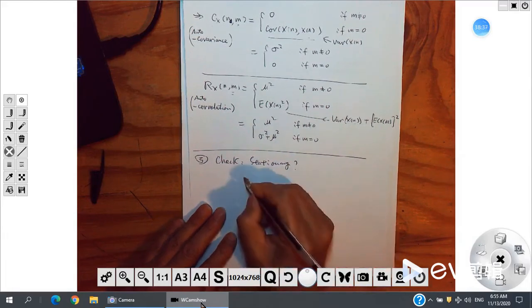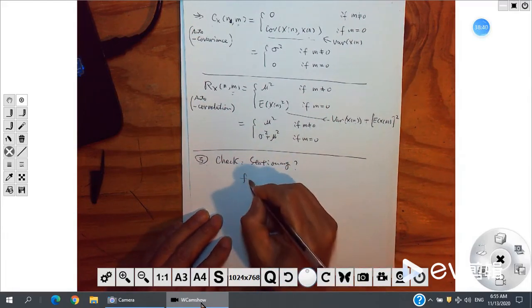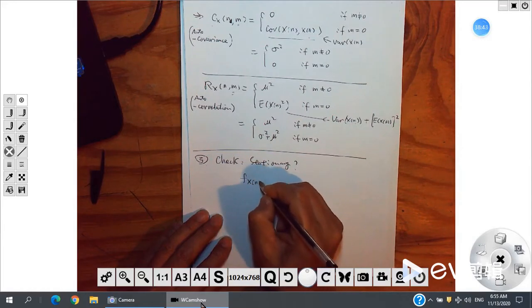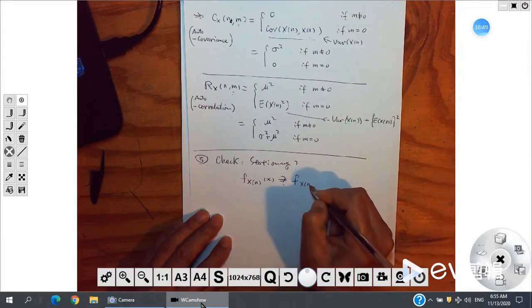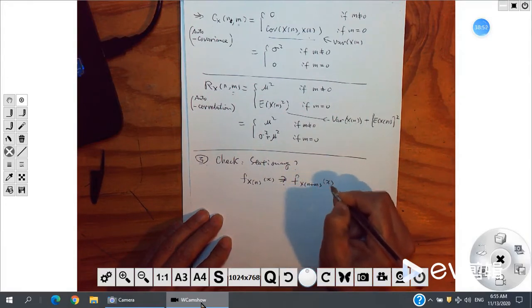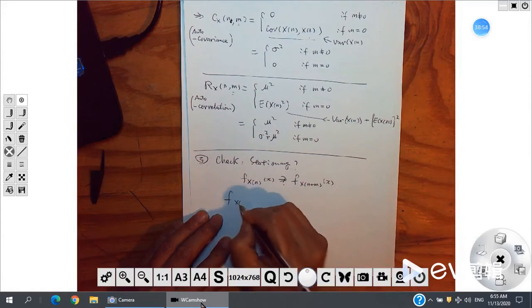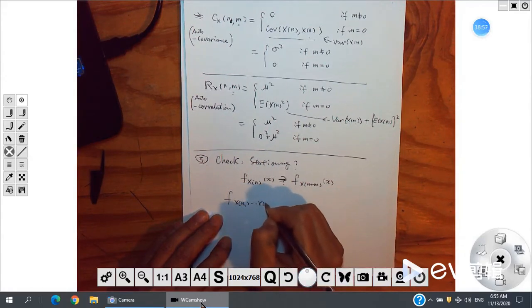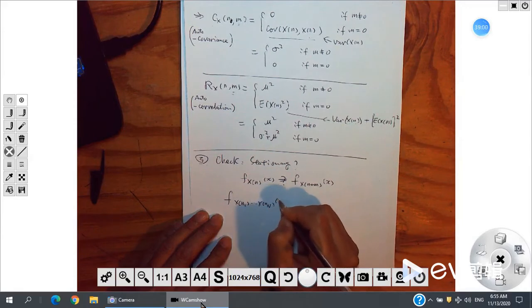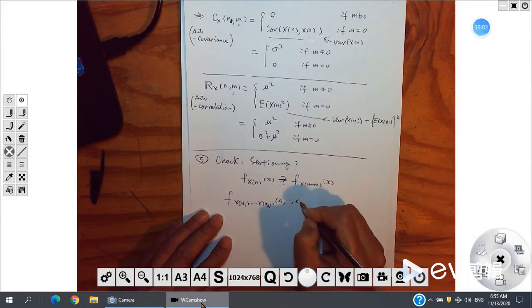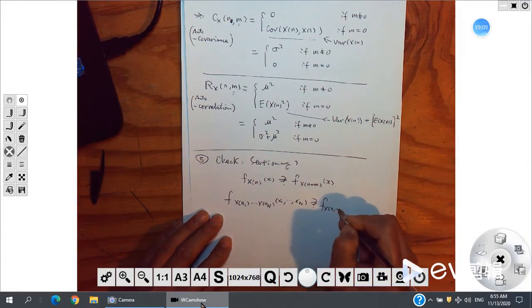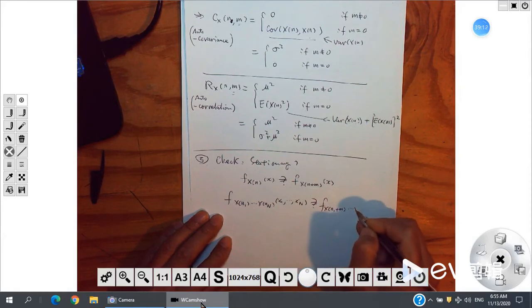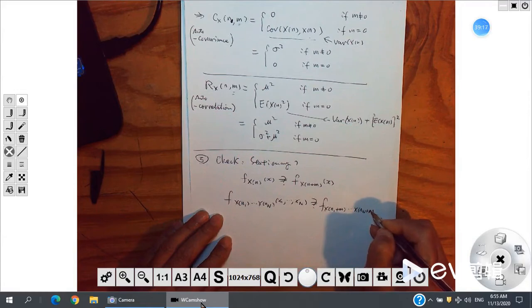That means the distribution, like f of x of n, is equal to f of x of n plus m, and f of x of n1 to nk is equal to f of x of n1 plus m until x of nk plus m, the same m.